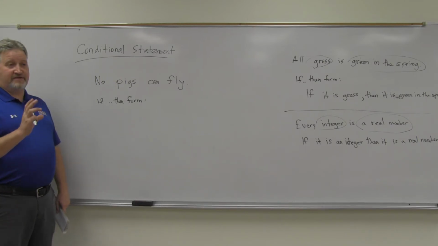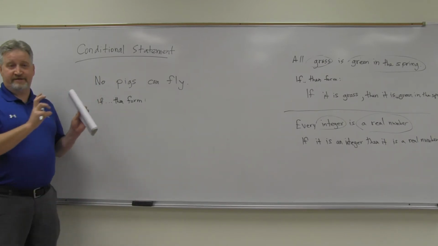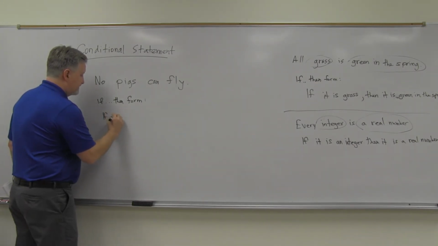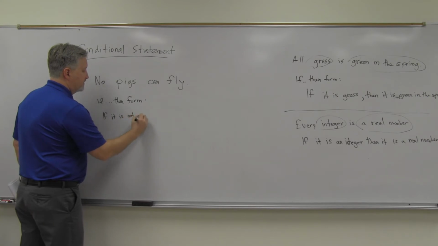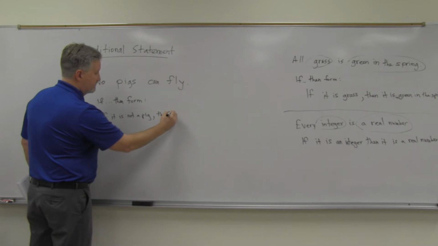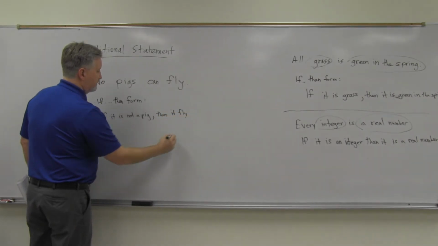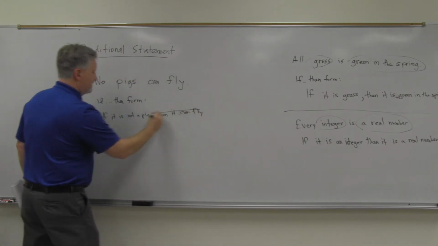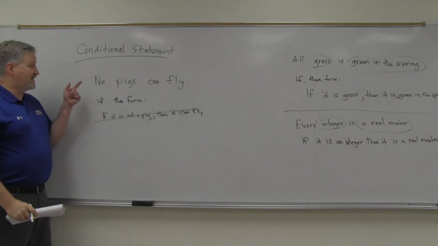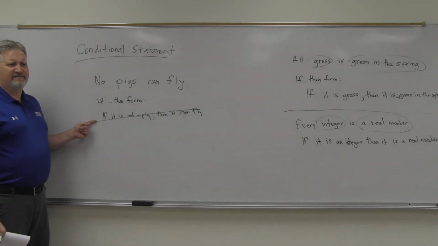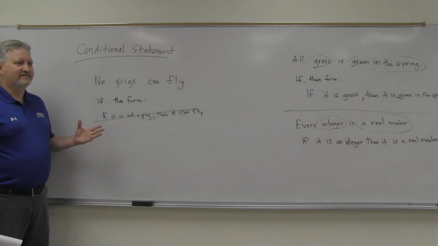The thing about this one is, we've got to include that no in this. However, if I put, if it is not a pig, then it can fly, this is not it, I'm just pointing out here. Won't work. Because, like I said, that one I agree with. Not so much there, right? If it's not a pig, it can fly. A cow, a dog.